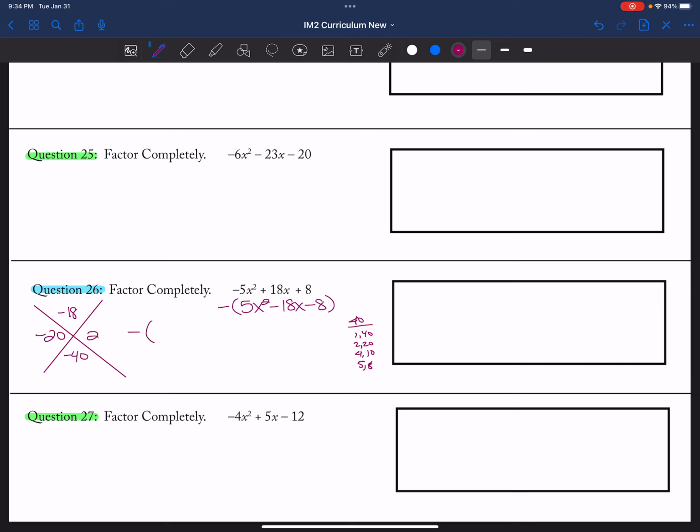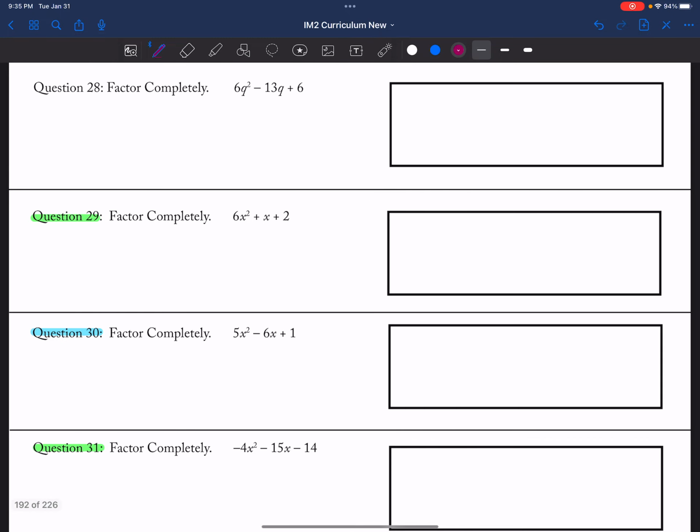So that's going to make a negative x minus 20 over 5, and then x plus 2 over 5. So that's negative x minus 4 over 1 and x plus 2 over 5. So that I get negative x minus 4 and 5x plus 2.